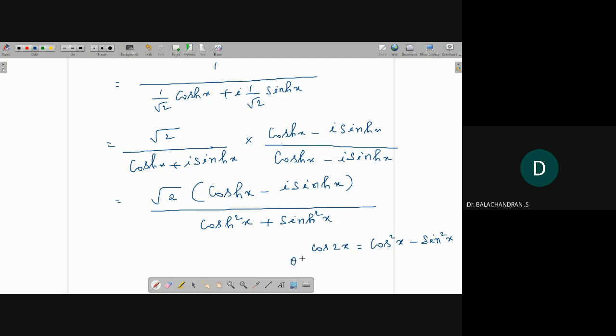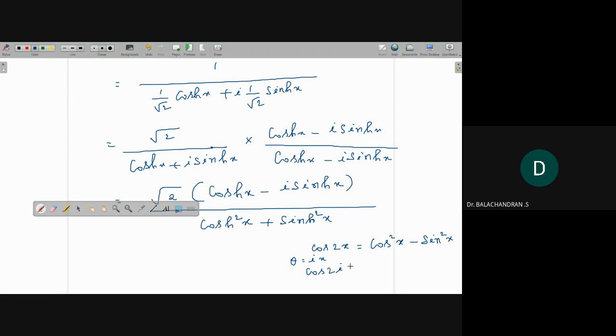If you substitute theta equal to ix, cos 2 theta is cos 2ix, which is cosh 2x. This equals cos ix whole square minus sin ix whole square.